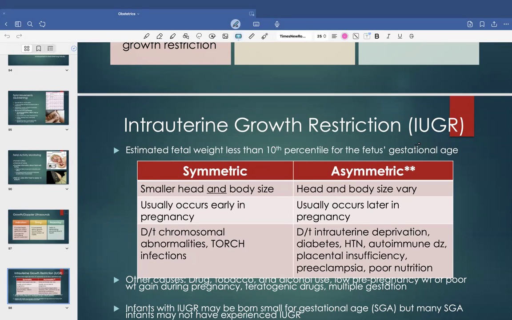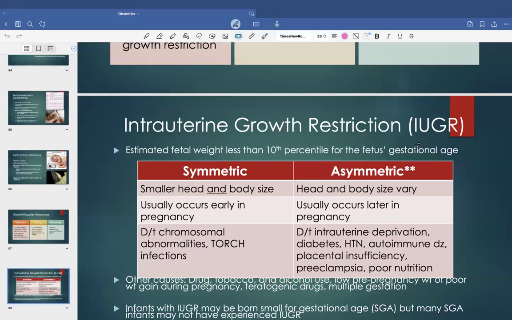That's what intrauterine growth restriction is. This is growth in utero. This is not the same as small for gestational age. This is growth inside the uterus.